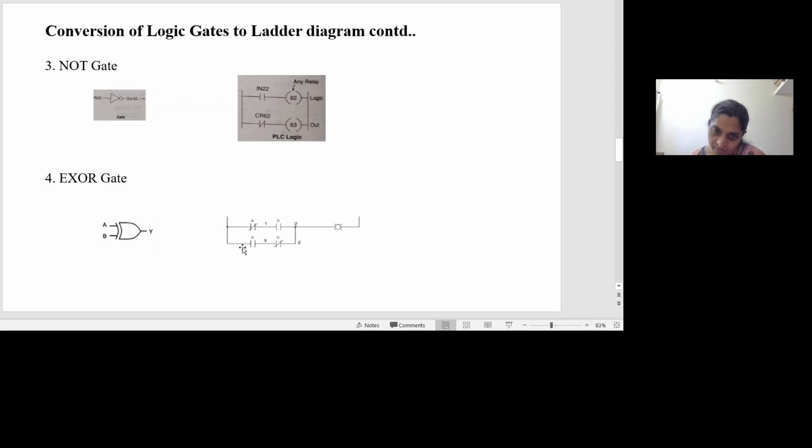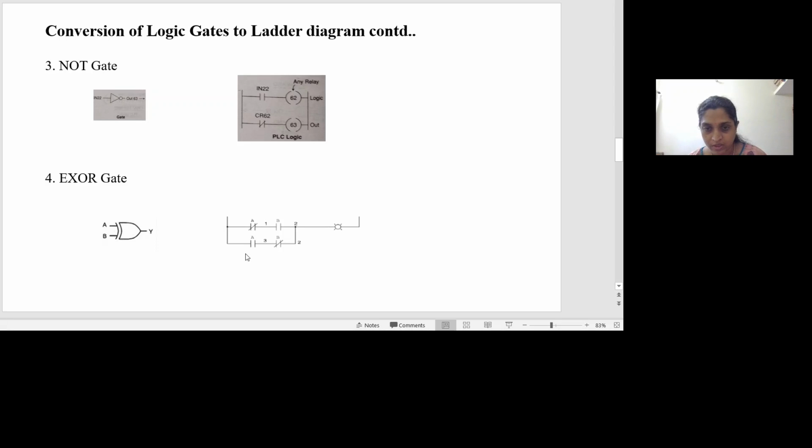The same equation I've used here. You can see this represents A bar and this is B. Two contacts, or two inputs, are connected in series. So this represents the term A bar dot B. The second term is A dot B bar.